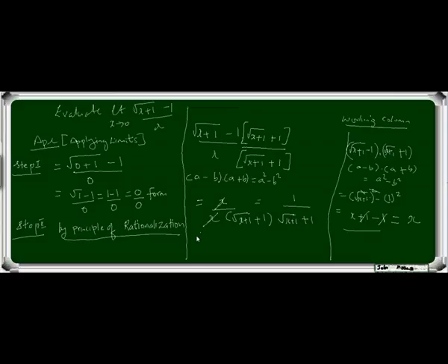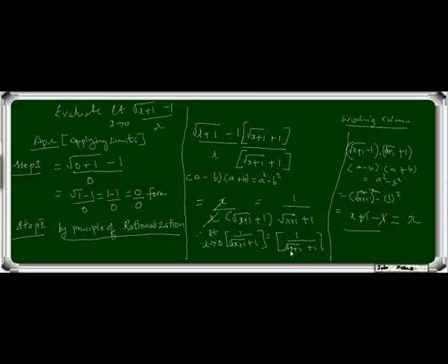Therefore, limit x tending to 0 of 1 over root of x plus 1 plus 1. In place of x I substitute 0, so I have 1 over root of 0 plus 1 plus 1.